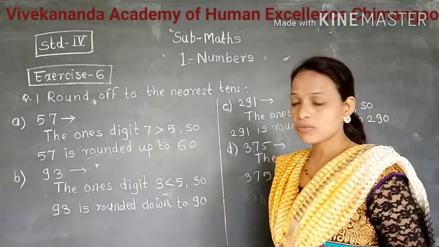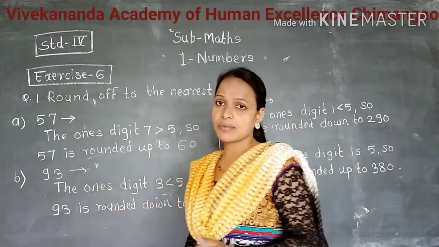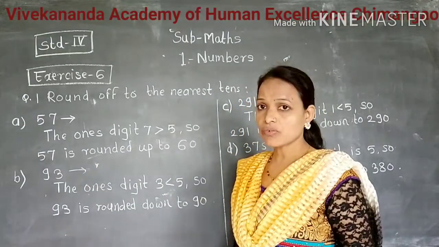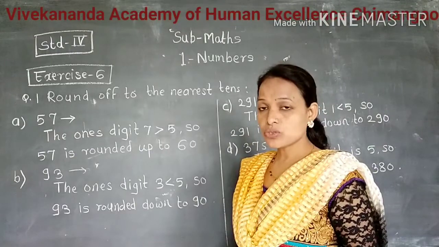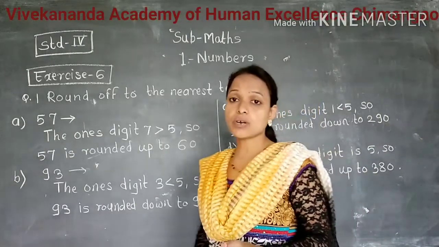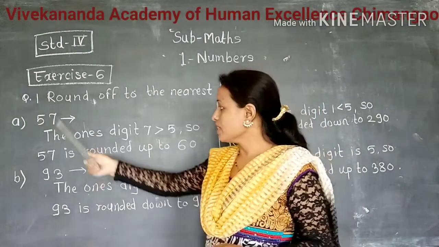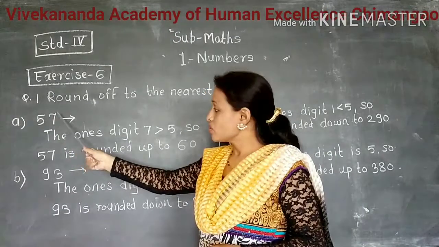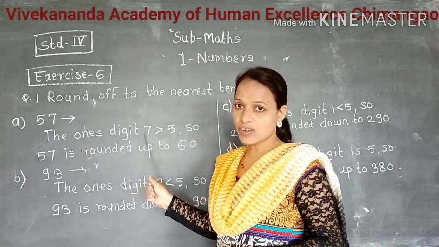So first number we will see, 57. In 57, whenever we round off to the nearest 10, we have to see the digit at ones place. Here the ones place digit is 7. So 7 is greater than 5.